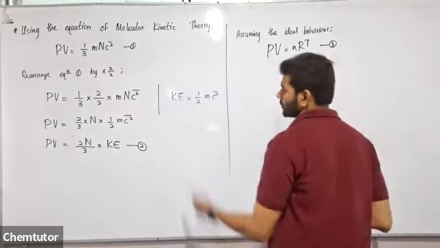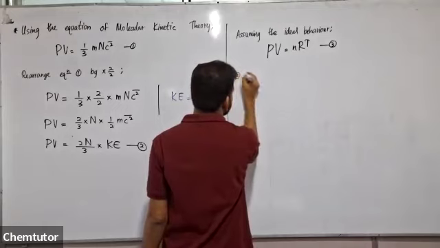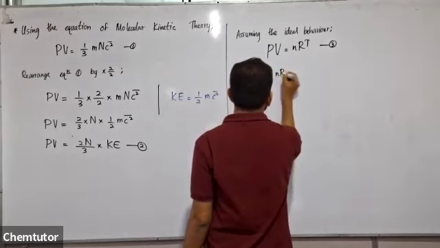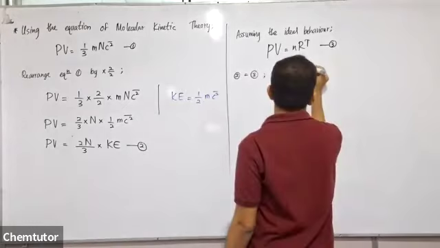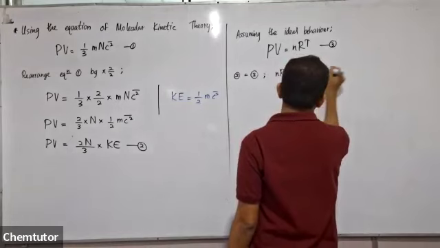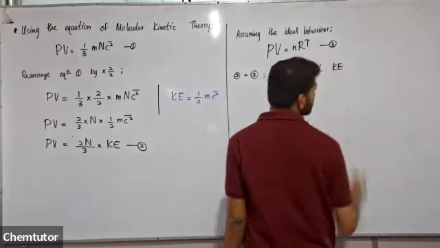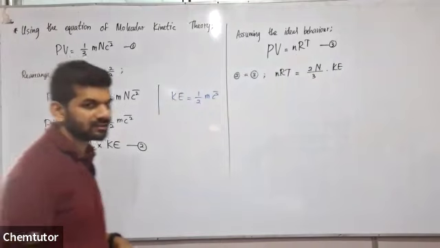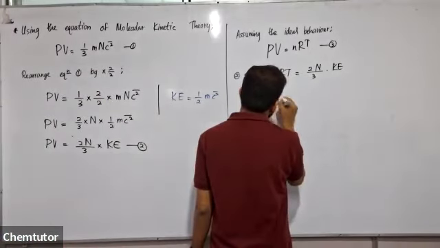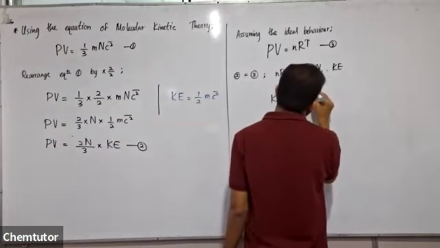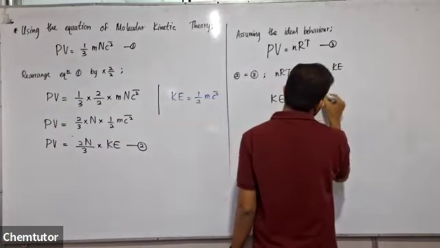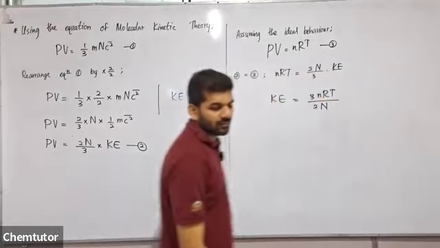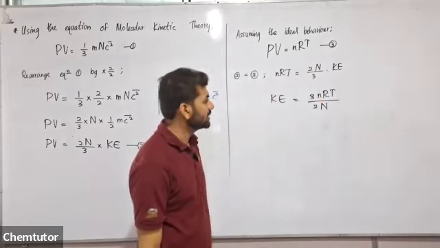So we can equate 2 and 3. nRT equals 2N/3 into kinetic energy. Then we can make kinetic energy the subject, that is 3nRT over 2N. Is it clear?